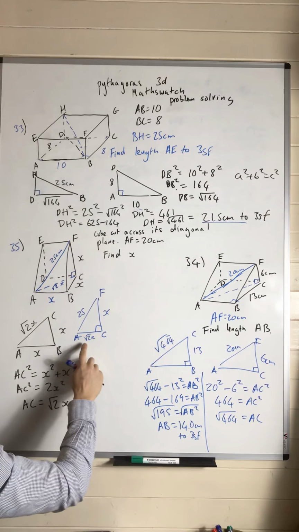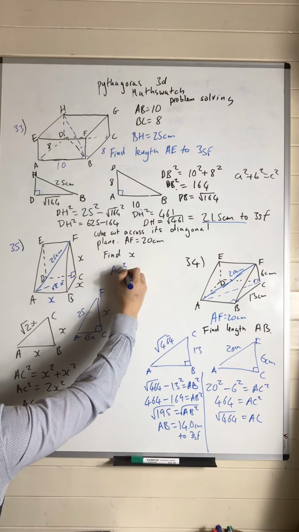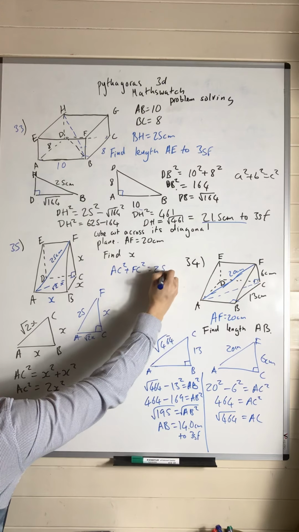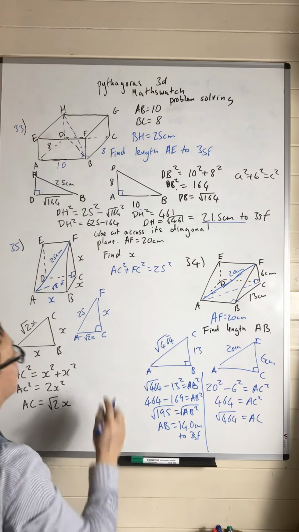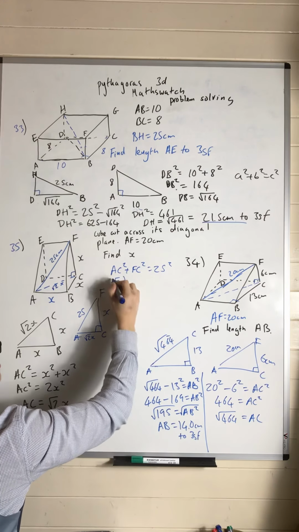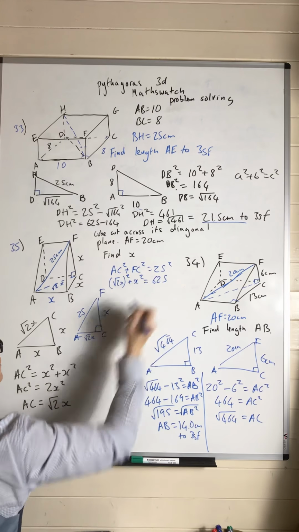So AC squared plus FC squared equals 25 squared. So I can substitute the values in, so that's going to be root 2 x squared plus x squared equals 625.